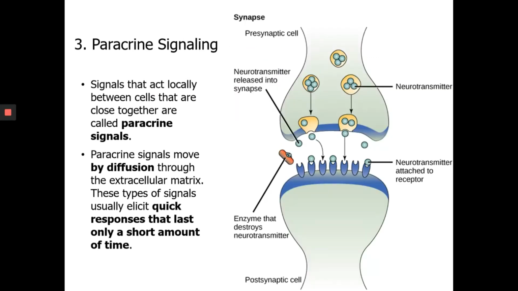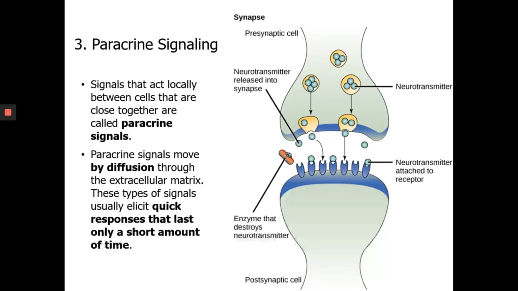All right, next one, paracrine signaling. So this happens between two neighboring cells, but they don't directly touch each other, or they're not connected by gap junctions. So they're going to be close, but there's a little bit of space in between them. In this example, these are two nerve cells.